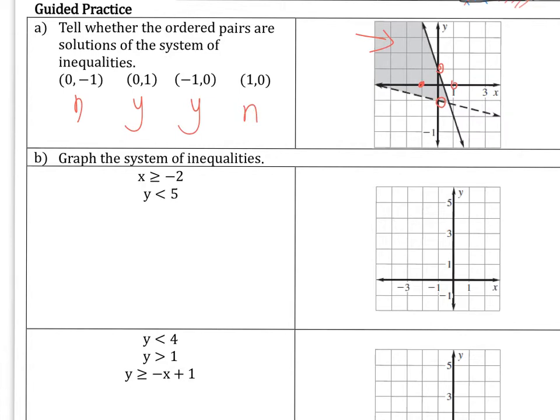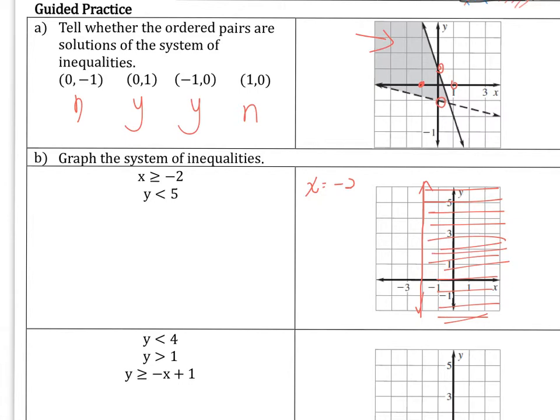Okay, and for part B, graph the system of inequalities. For x greater than or equal to -2, I'm going to first graph the boundary line x equals -2, which is here, and it's a solid line because it's greater than or equal to. Then we shade everything to the right-hand side because we want all the x values greater than or equal to -2.